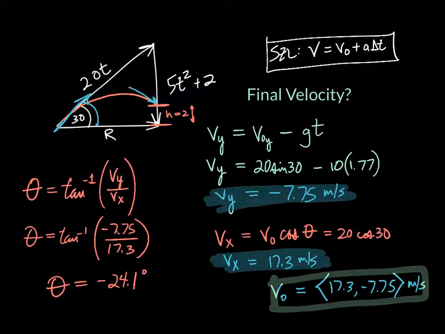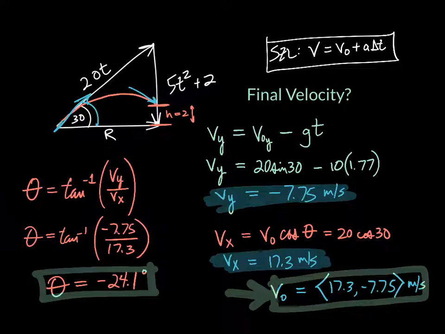So now we have these two things together. This and this give me the direction. Now technically, the rectangular version of velocity does give me direction because it has the x and the y parts. If I were to plot that on an xy plane, I would get a vector going from 0 down to negative 7.8 on the y and 17.3 on the x.